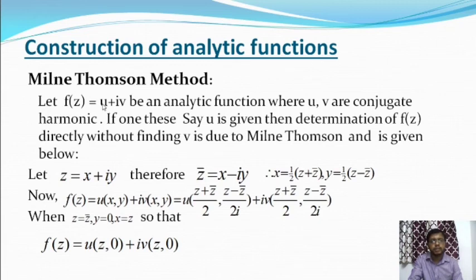But by the Milne-Thomson method, we have seen that f of z is an analytic function and u and v are conjugate harmonic functions. That means u and v both satisfy the Cauchy-Riemann equations.